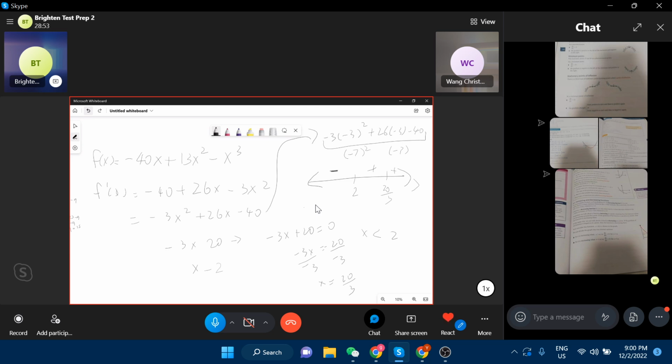So I think if I input 8, it should give me negative. Okay. So if this is negative, then it should be x is less than 2 and x is greater than 20 over 3. Is that the answer? Yeah, that's supposed to be it. Okay. Yeah, so we got it. Good.